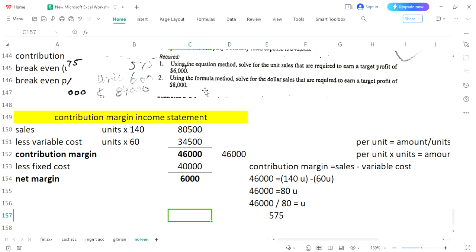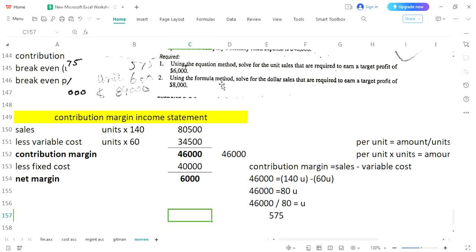Again, we will be doing the same thing, but what is the requirement? Using the formula method, solve for dollar sales that are required to earn a target profit of 8,000. Again, we can solve the second part with the help of the equation method, but he is asking not to use the equation method, rather to use the formula method.